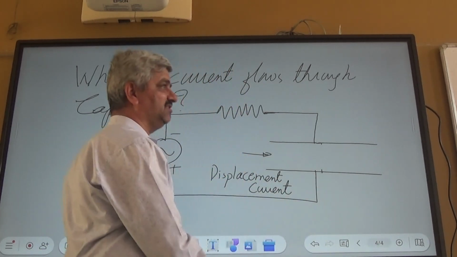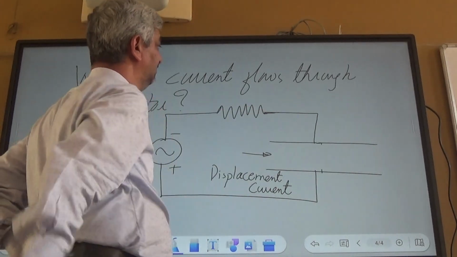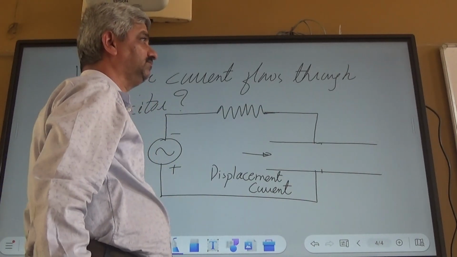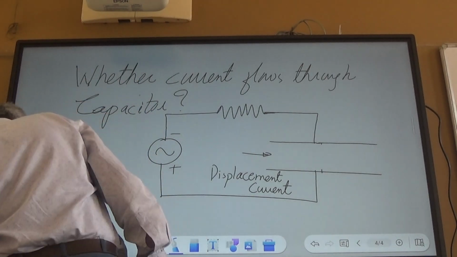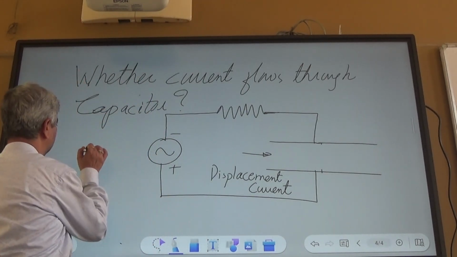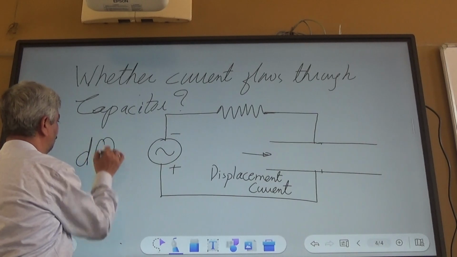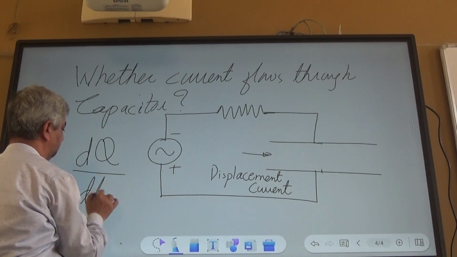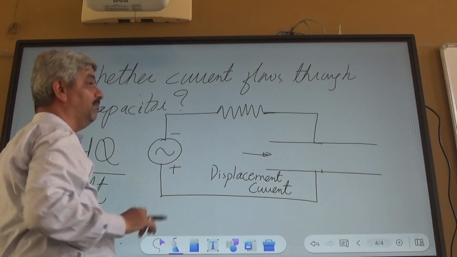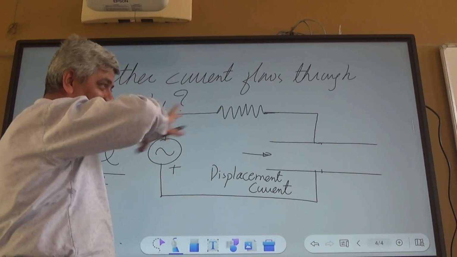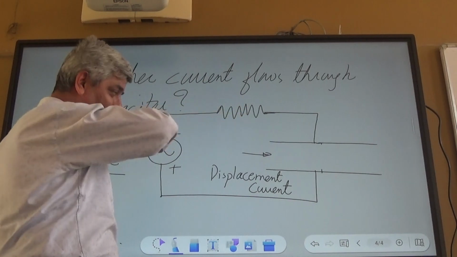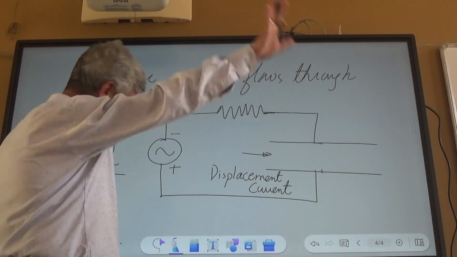What is the displacement current now here? What would that be? It would be dq by dt. Now I am just not exactly scientifically matching the terms, but broadly bringing you to the definition.